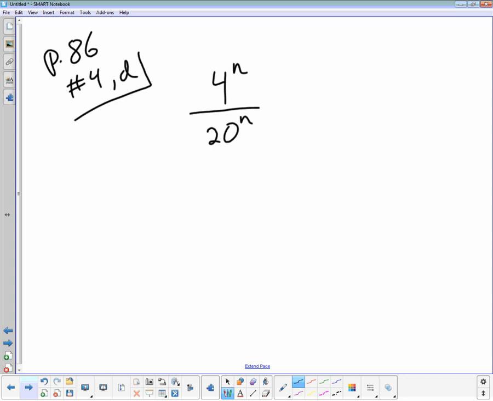The first thing that I see is that I've got 20, and 20 is a product of 4 also. But I also see that I have both pieces to the same power. So let's go through this 2 different ways, perhaps.